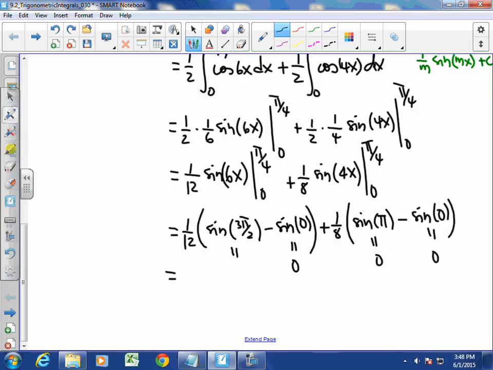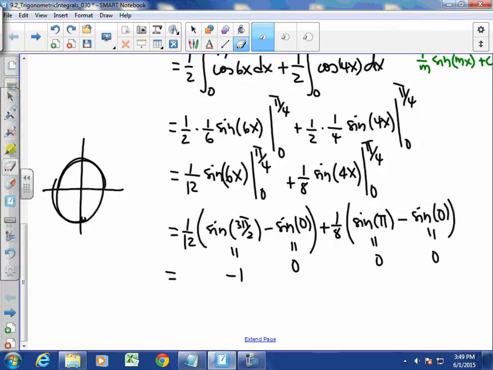And sine of 3 pi over 2, okay? So remember, this is negative 1. So 3 pi over 2, if you take the unit circle, 3 pi over 2 is right here, and sine here is negative 1.